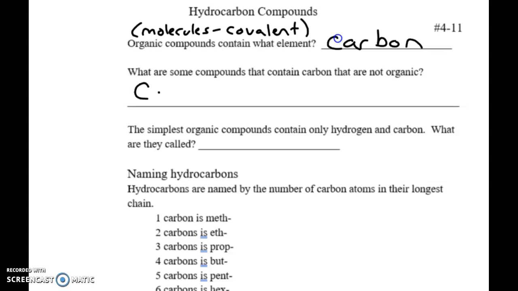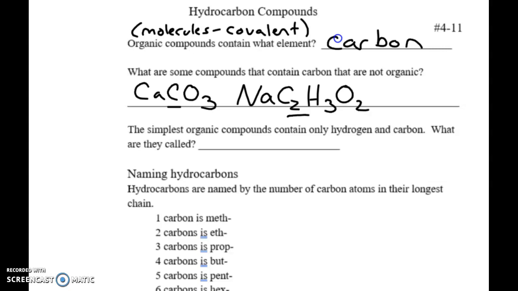Something like calcium carbonate, so that's limestone, or something like sodium acetate, which is the vinegar flavor in salt and vinegar chips. These contain carbon. There are two carbons in sodium acetate. But these are both examples of ionic compounds. These are not going to be organic molecules.